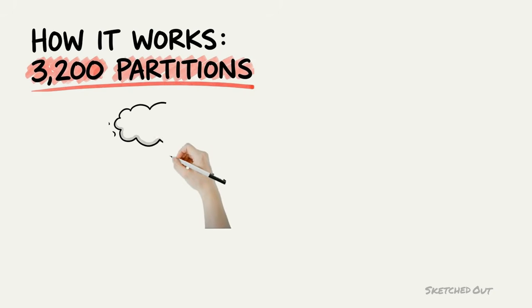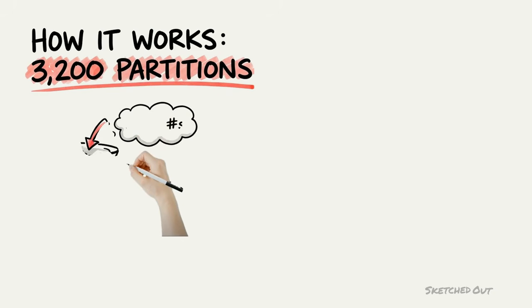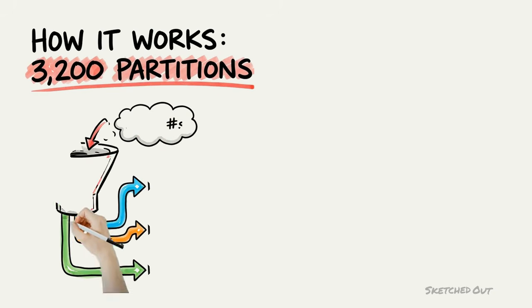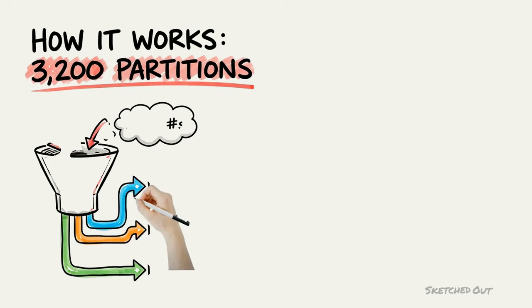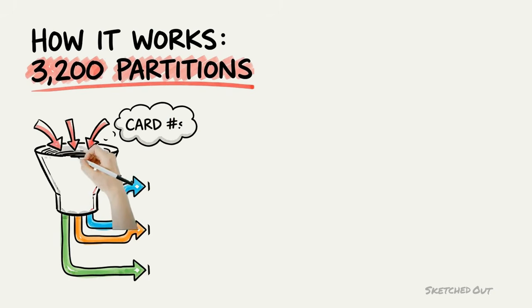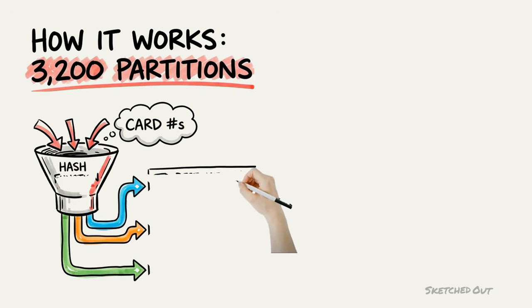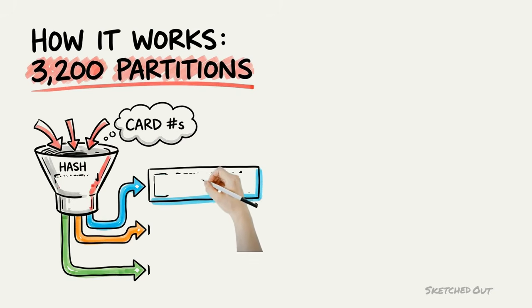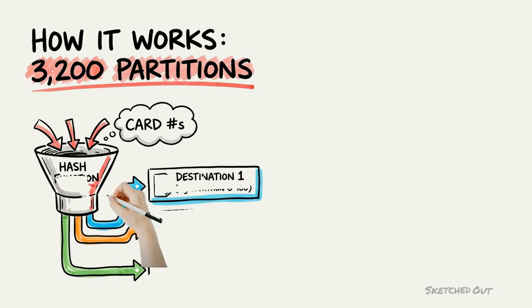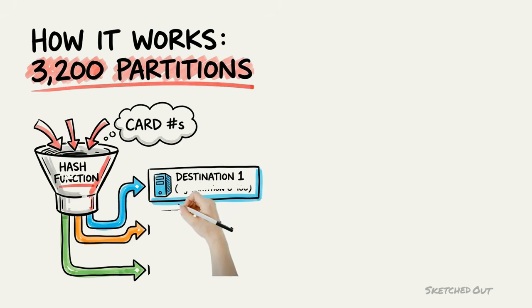Here is how it works. First, every machine decides where each of its rows needs to go. It takes the card number, runs it through a hash function, and divides by the number of output partitions. That count is a setting, and Spark has a default it will use unless you say otherwise. We will use 200 here. Choosing that number badly is its own kind of trouble, and we'll come back to it.